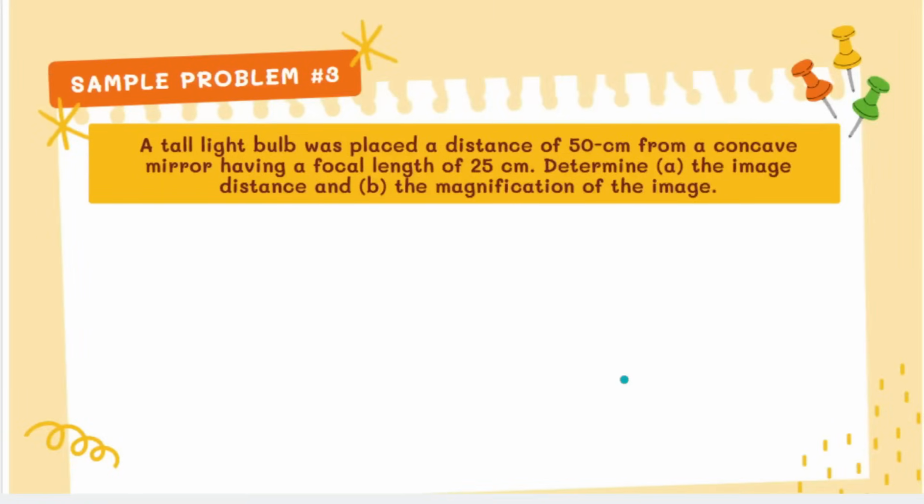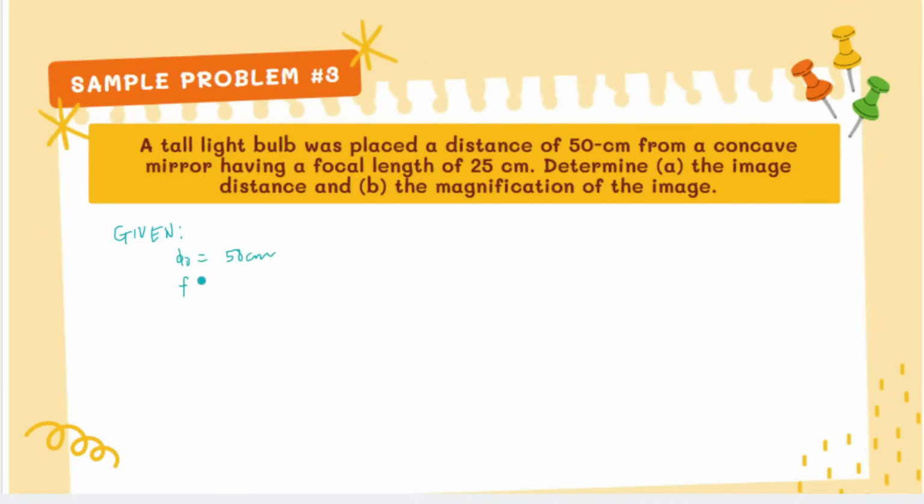So, let's go to the final problem. A tall light bulb was placed a distance of 50 centimeters from a concave mirror having a focal length of 25 centimeters. Determine the image distance and the magnification of the image. So again, we are given a concave mirror. So ano ang binigay sa atin na values? We have DO equal to 50 centimeters.